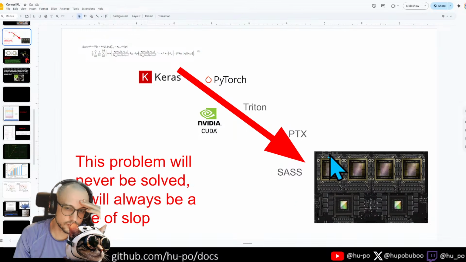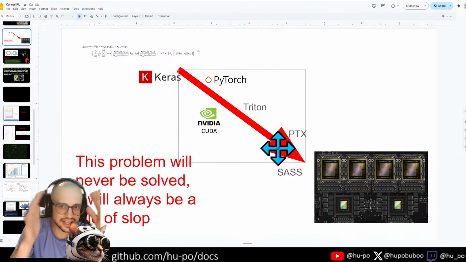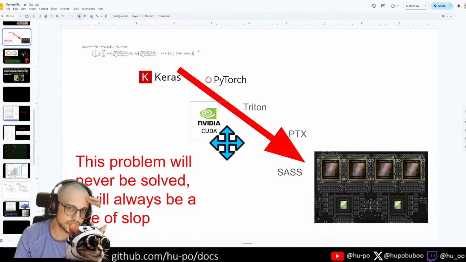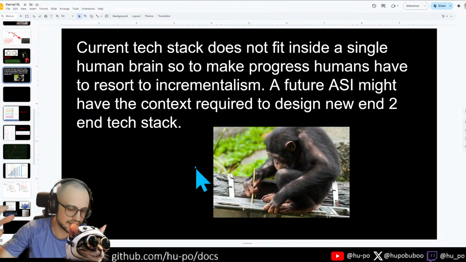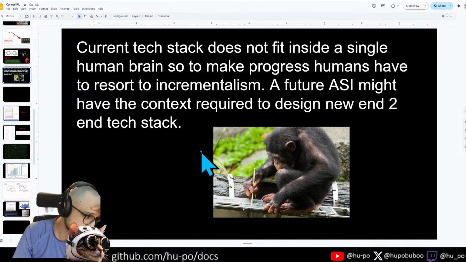Because the hardware people who are designing the hardware aren't going to be able to predict the future of what this math stuff looks like, and the people doing the math stuff are never going to be able to predict the future of what the hardware looks like. So you always have these siloed people working at individual levels of the tech stack, incrementally improving their particular part, but you never have this global end-to-end design happening.